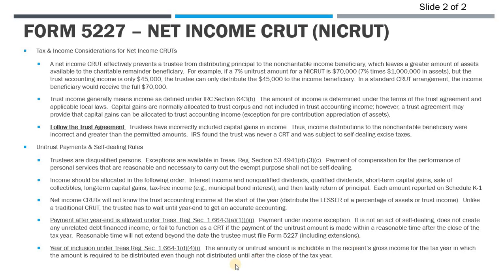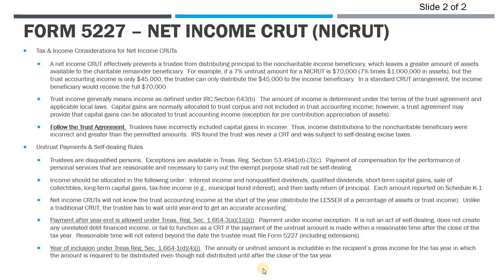Now, the other big question is, what's the year of inclusion? From the income beneficiary's perspective, they're thinking, well, I'm a cash basis taxpayer. So if I don't get paid until after the end of the year, why do I have to record it as if I did get it in the prior year?